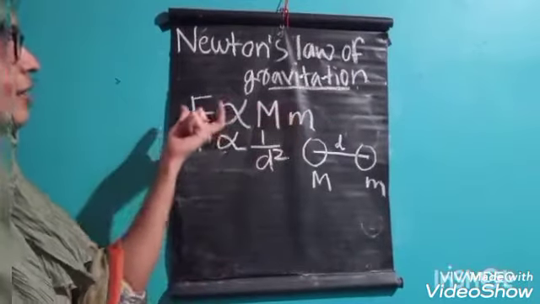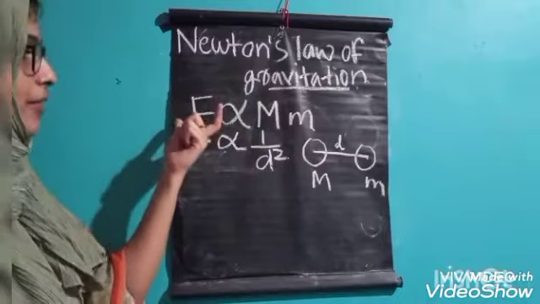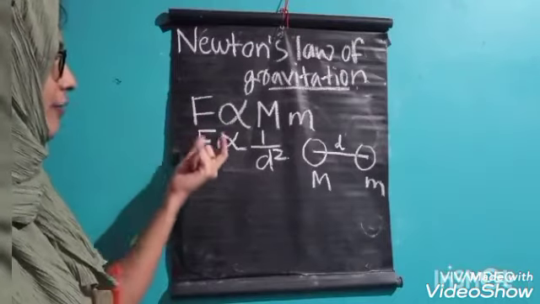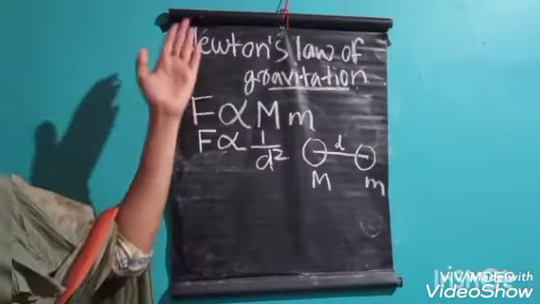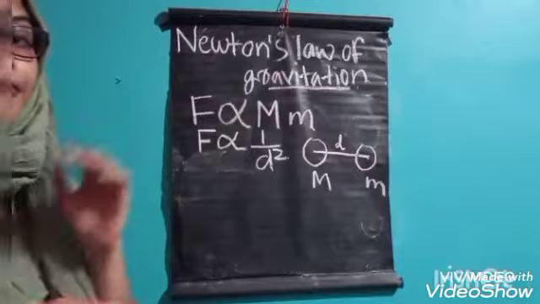As mass increases, the force of gravitation or force of attraction increases. F is inversely proportional to D square. So what does Newton's law of gravitation say?